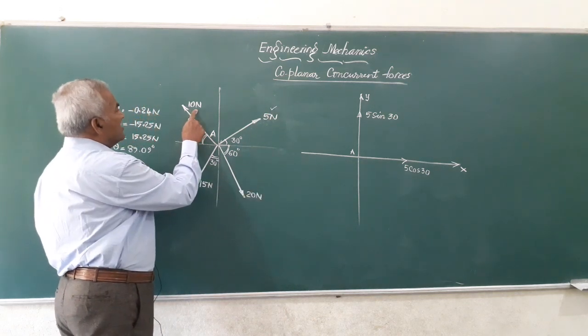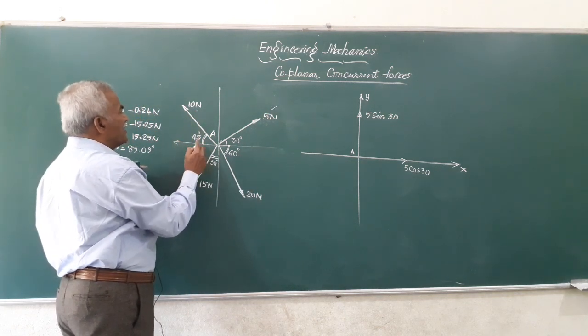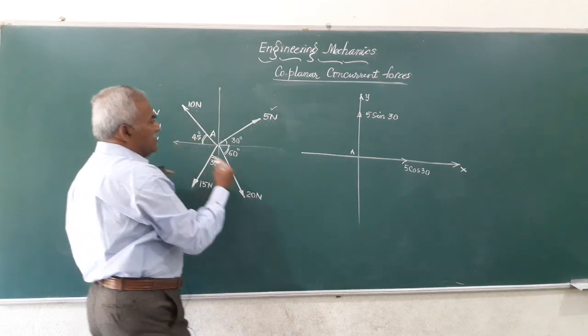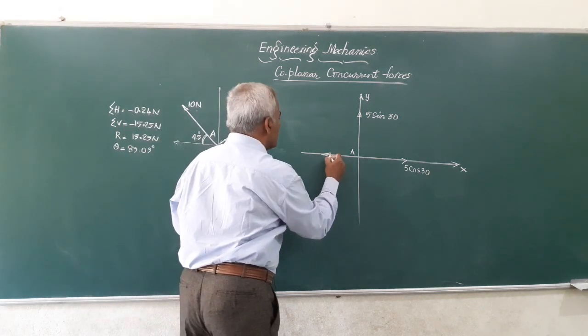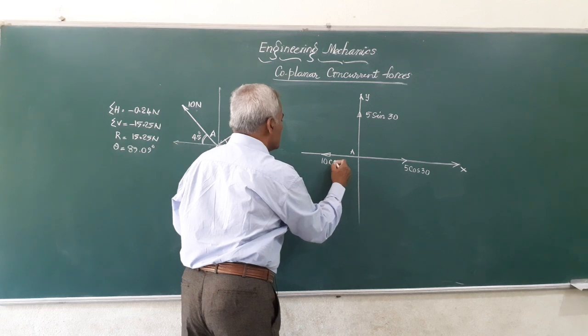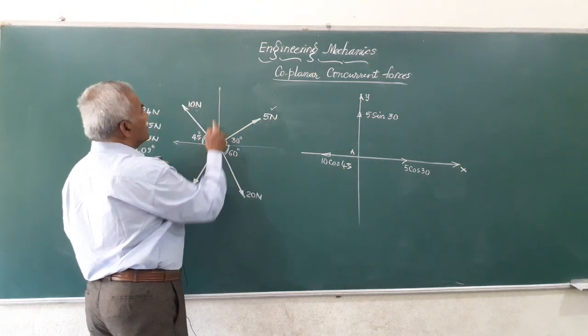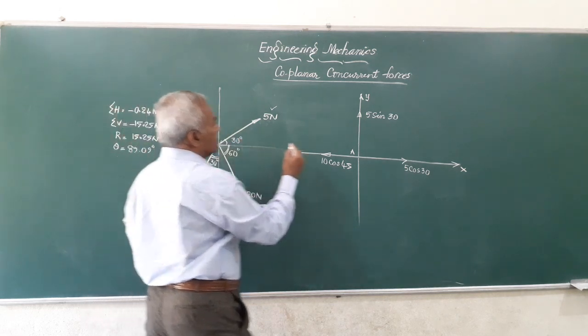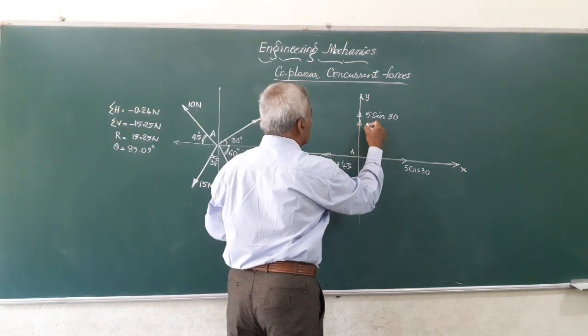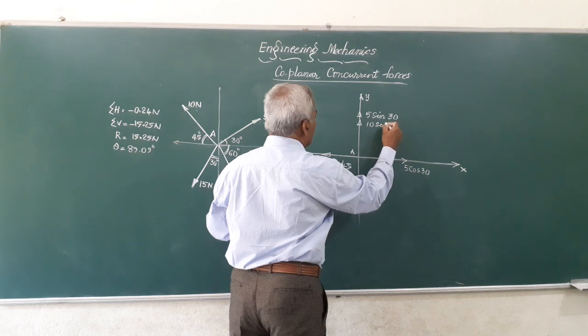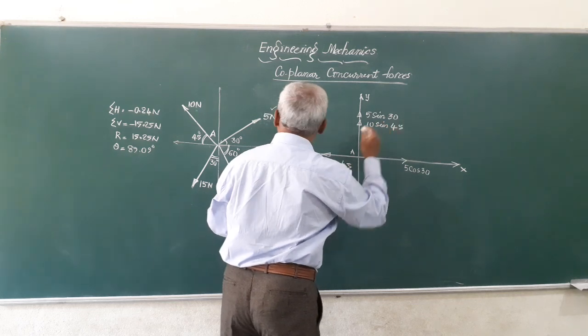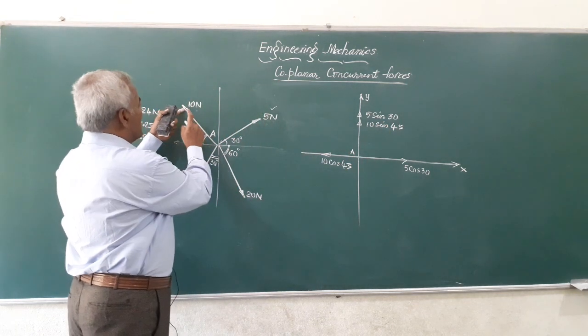So, 10 Newton gives a horizontal component of 10 cos 45 to the left. Similarly, it has got the vertical component 10 sin 45. So, these are the two components of this 10 Newton.